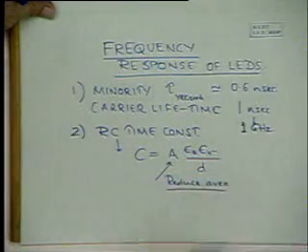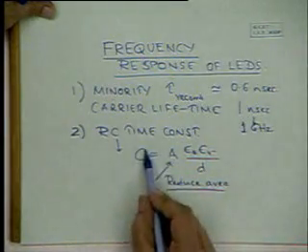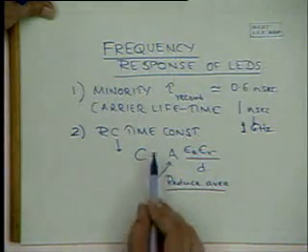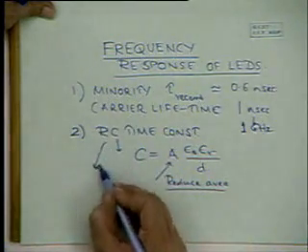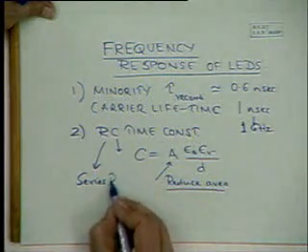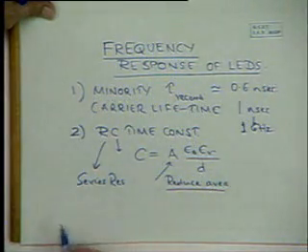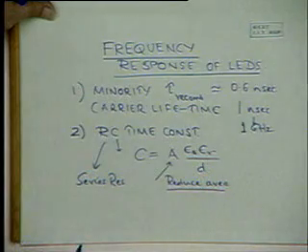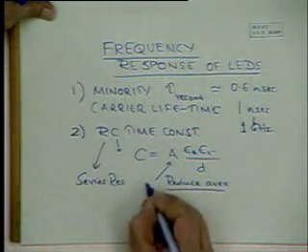If you have a much smaller device, this C will be lower and so will the RC, and of course you can also reduce the series resistance. That will also reduce the power dissipation. One possibility is reduced area.